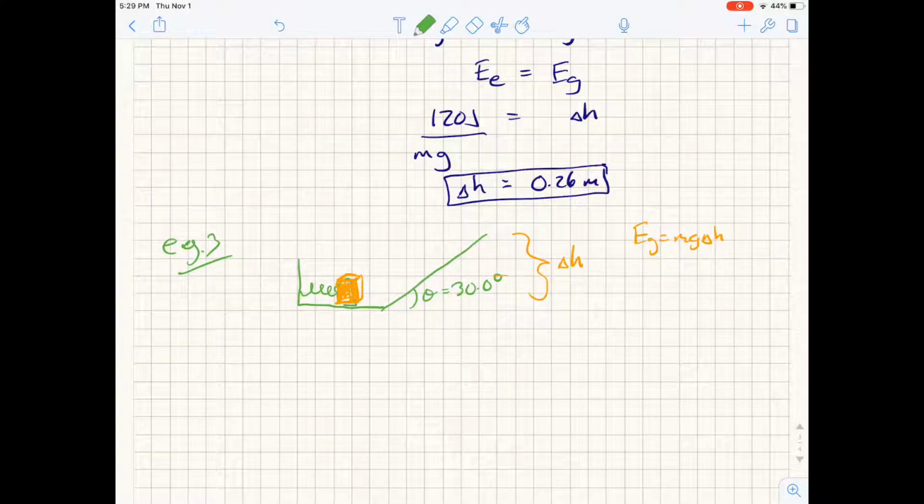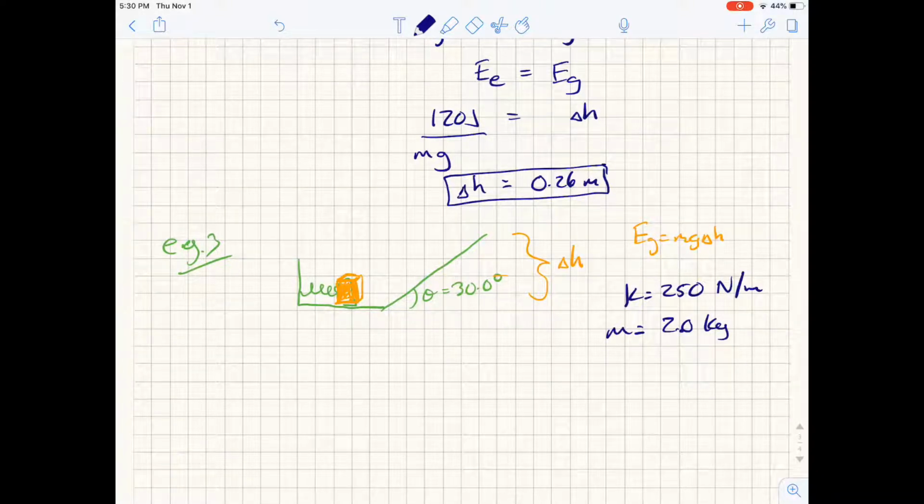So the first question that we'll take a look at is how much elastic potential energy is stored in the spring when it's compressed. So we have to know some numbers here, and the question is going to give us some of those numbers. Let's say the spring has a K value of 250 newtons per meter. Probably have to know the mass of the block. Let's give it a small mass of 2 kilograms.